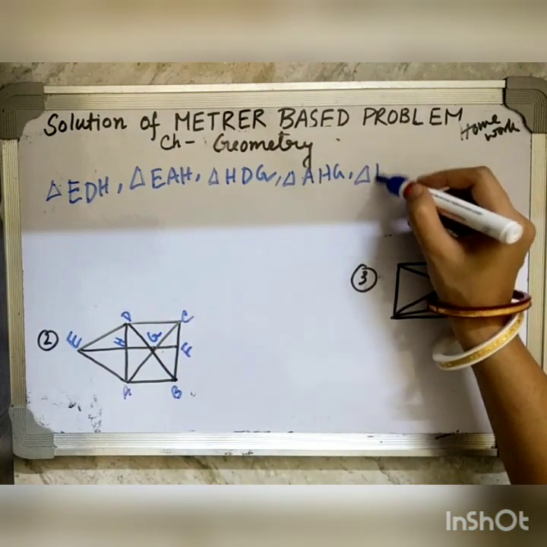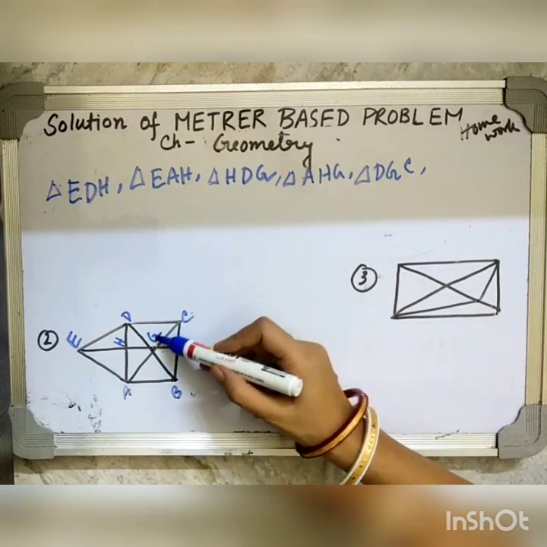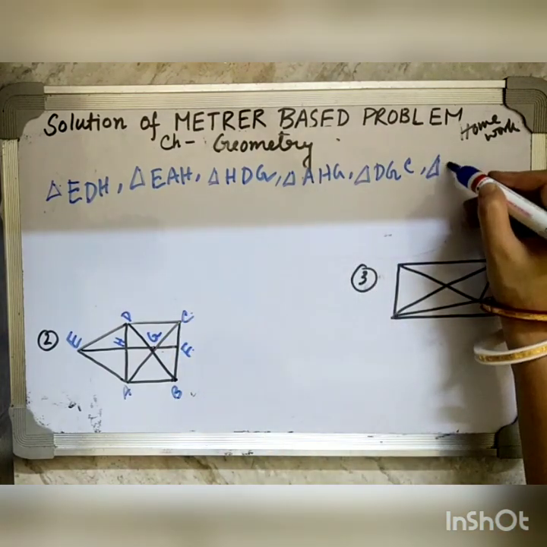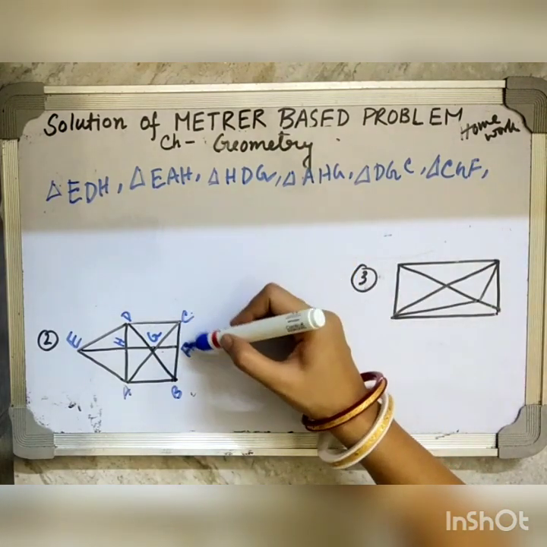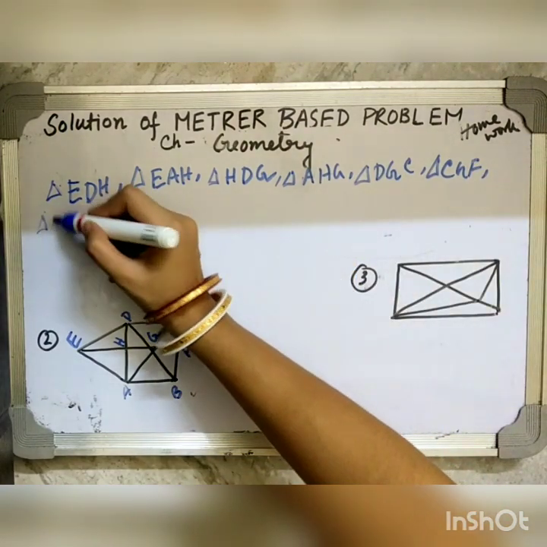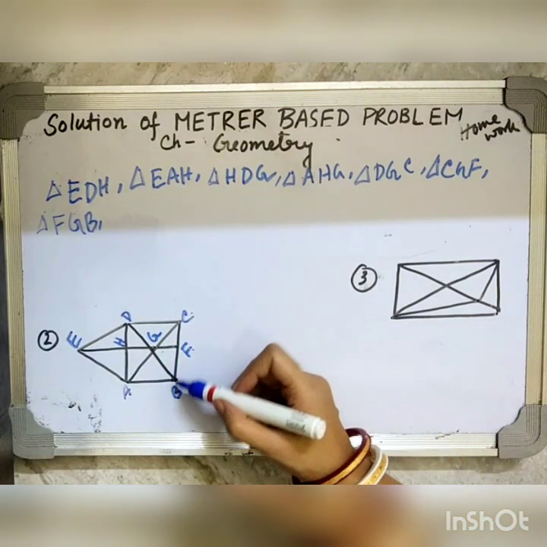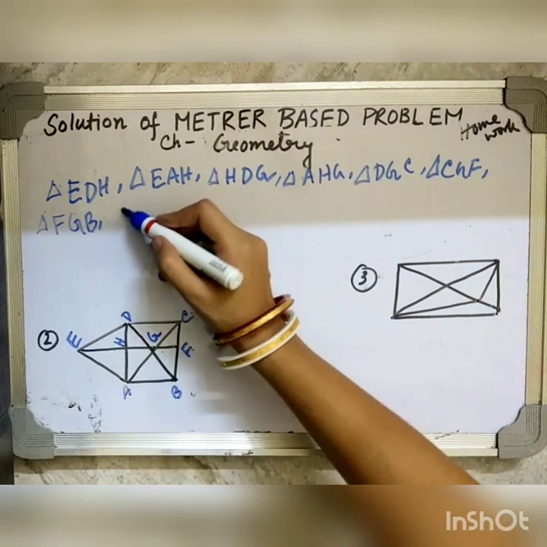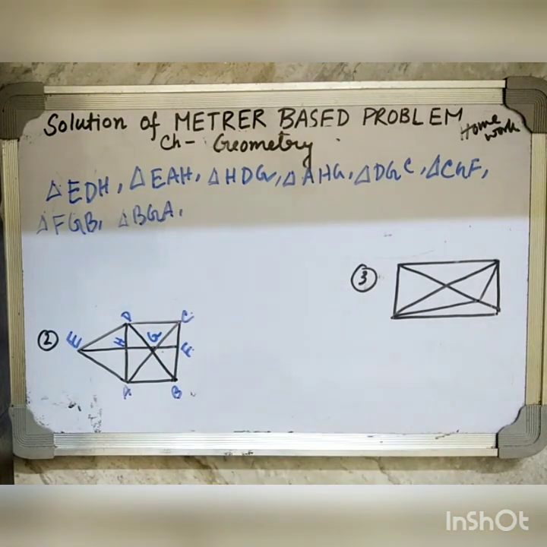DGC. Triangle DGC. Now CGF. Triangle CGF. Now FGB. Triangle FGB. Now this one BGA. Triangle BGA. Now which is left? All the small triangles are taken or not?